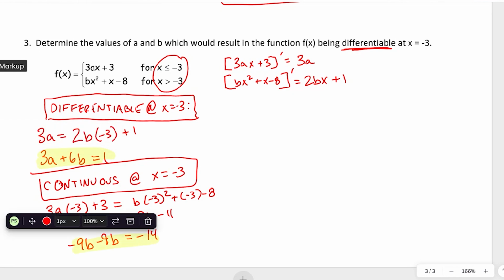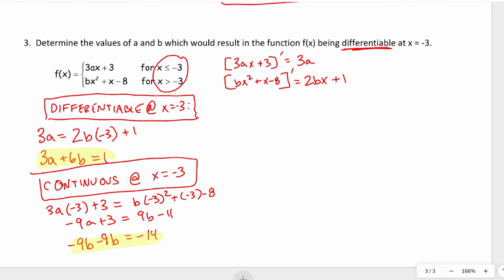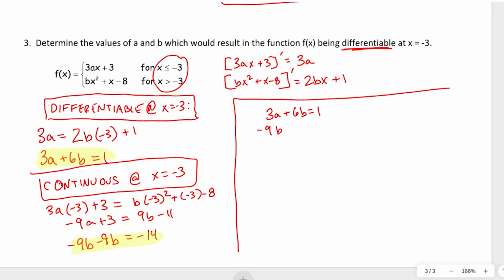Okay, so I've got two equations here. Both of them have an a and a b. And so what I'm going to have to do is solve this as a system of equations. So I've got two equations here, 3a plus 6b equals 1, and -9a minus 9b equals -14. And I could solve this using substitution, but I think it might be a tad bit easier to solve it with elimination.